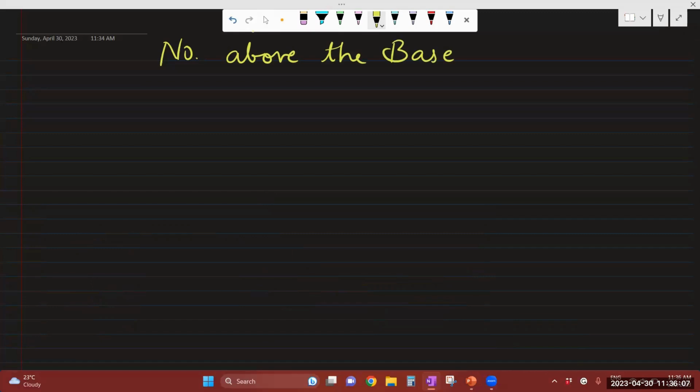Okay. Then the numbers which are above the base. Now, above the base, you know what do you mean by the numbers above the base, right? So let us take one example. Say if I want to multiply 1007, okay, with say 1010.